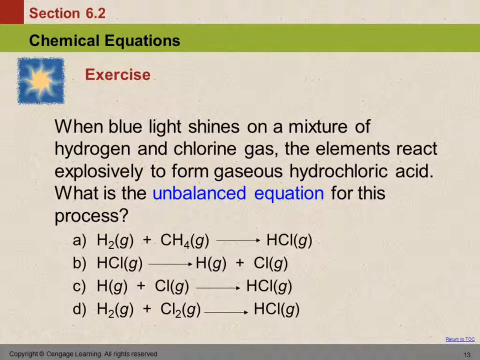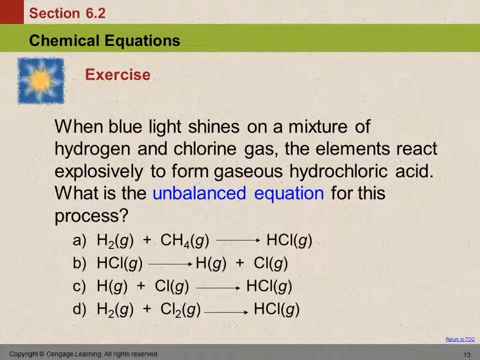So here's an example. When blue light shines on a mixture of hydrogen and chlorine gas, the elements react explosively to form gaseous hydrochloric acid. What is the unbalanced equation for this process? And they're asking for the unbalanced because we haven't discussed how to balance it yet.